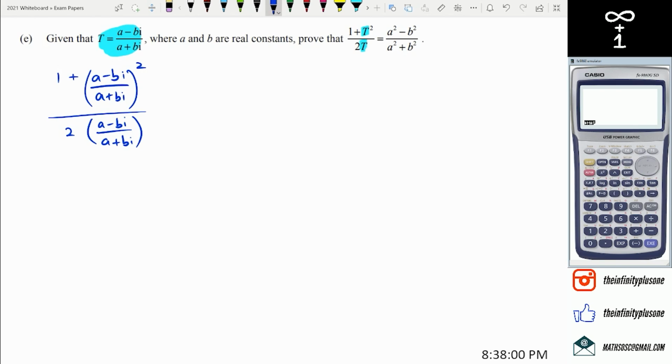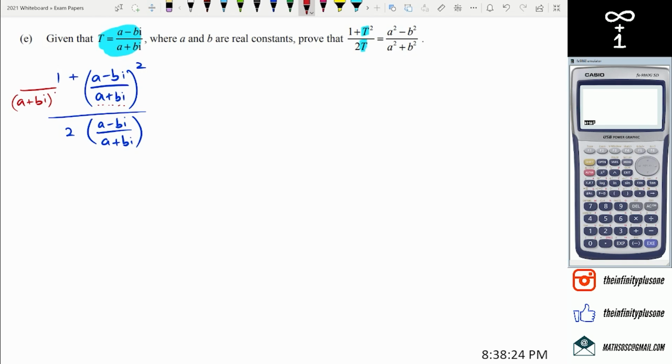we are going to actually sort out the numerator. Now, if you look at the numerator, we've got a plus bi in there, so that means we've got to have a plus bi here as well. But the thing is, it's going to be squared.